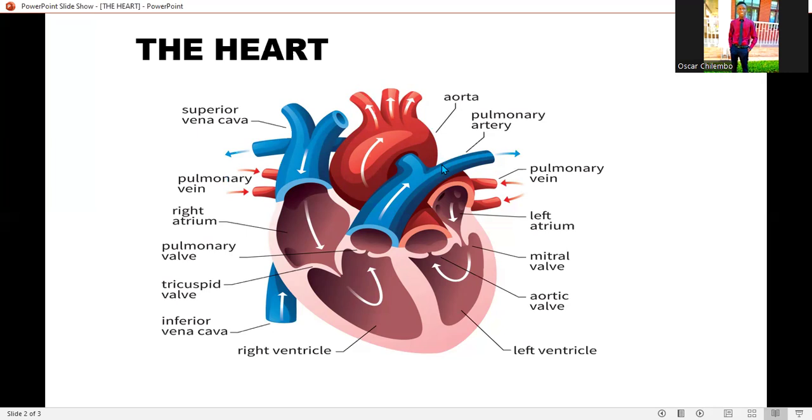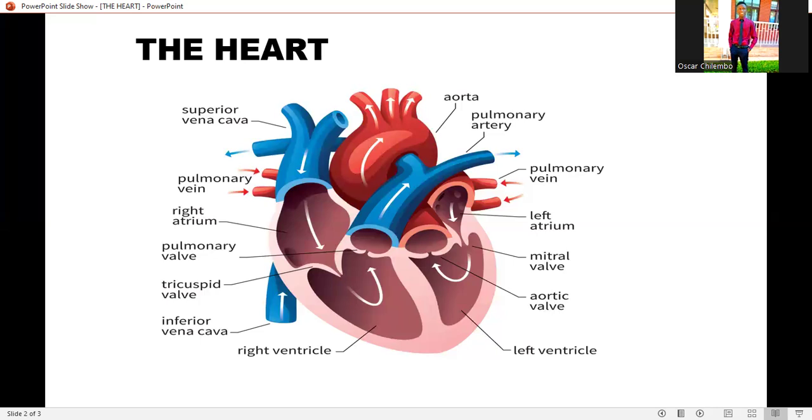So in the understanding of the cardiovascular system, it will require us to have the background on how the heart functions and everything. Okay. So when we're talking about cardiovascular, we are talking about how the heart works in contribution to blood pressure.